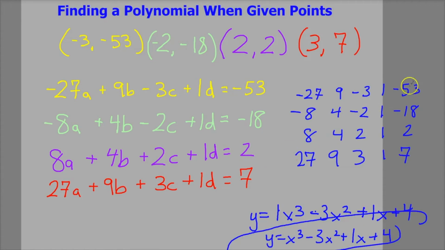Can I check my answer? Absolutely. Before I talk about that, let me go back through sort of the steps again. If you have your points, you need to figure out what type of polynomial you're dealing with. So take the number of points, subtract 1, and use the standard form of that to set up these types of equations while plugging in the x values equal the matching y values.